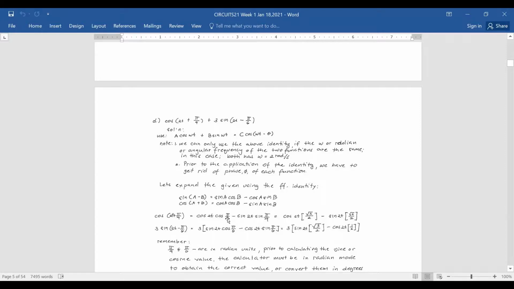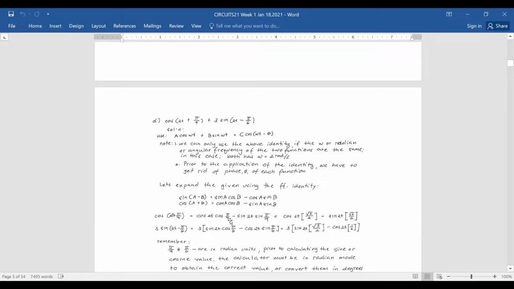Let's say, for instance, we want to convert this pi into degrees. So we know that pi radian is equivalent to 180 degrees. So if we use degree mode in our calculator, then cosine of 180 over 4 is cosine 45 degrees.